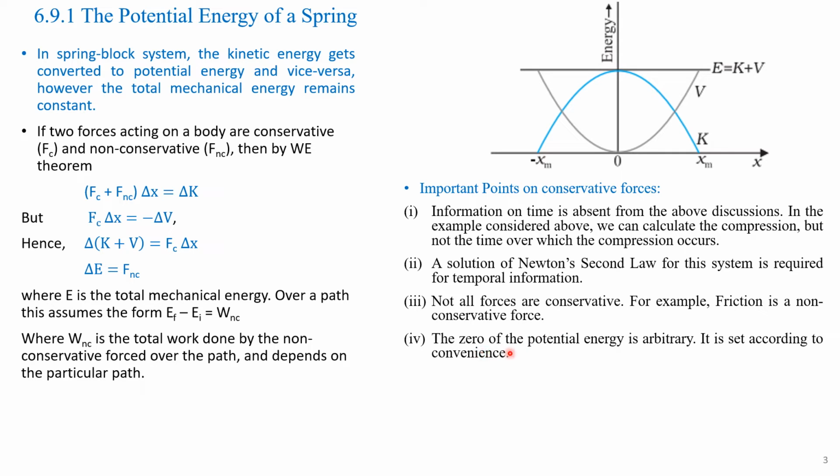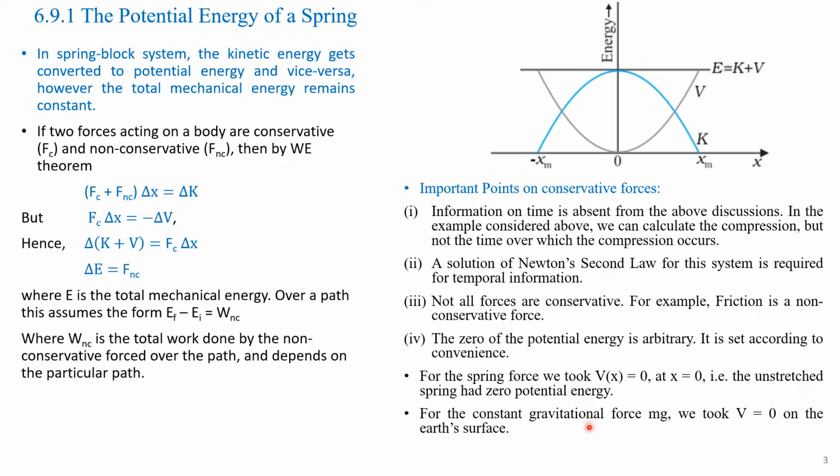The zero of the potential energy is arbitrary. It is set according to convenience. For the spring force, we took V of x equal to 0 at x equal to 0. That is, we had shown the diagram A in the previous slide. That is, the unstretched spring had 0 potential energy.